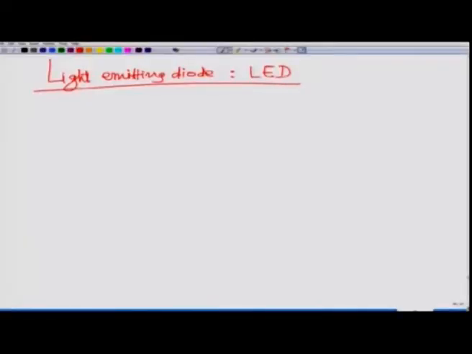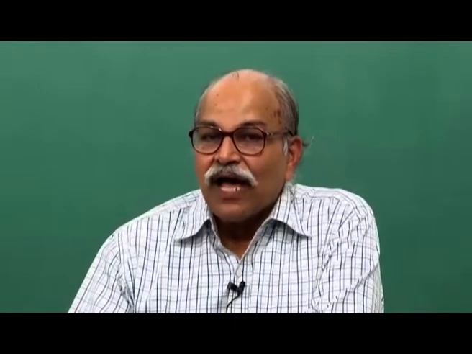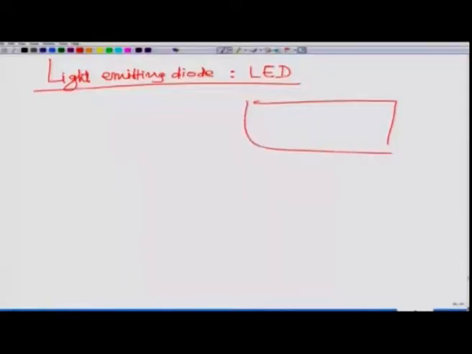So, what is this light emitting diode? This is also a diode. The process is just the reverse of what we did with the photodiode. You have a PN junction, and in the PN junction all the time you have generation of new hole-electron pairs and recombination of those hole-electron pairs.